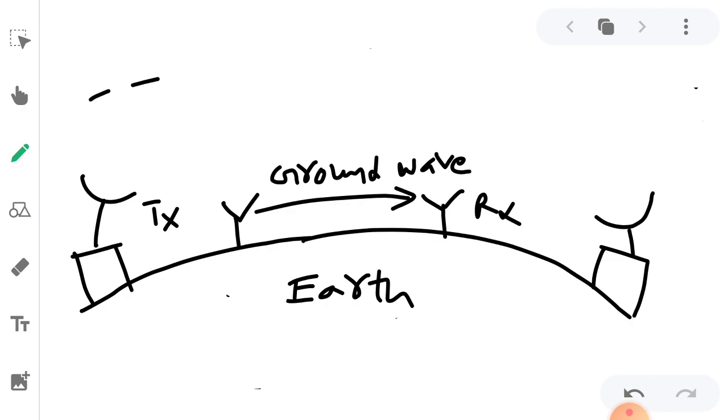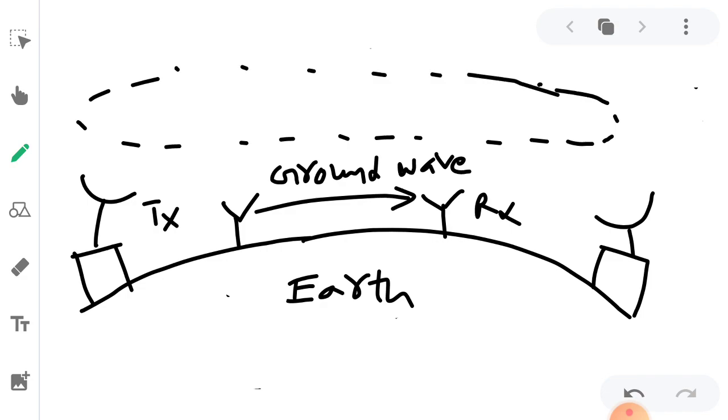The ionospheric layer lies above the earth's surface, starting around 80 or 90 kilometers, up to 450 kilometers. Different layers will be there, C, D, E, F1. We'll see them in detail when we cover sky wave propagation separately in other video lectures.